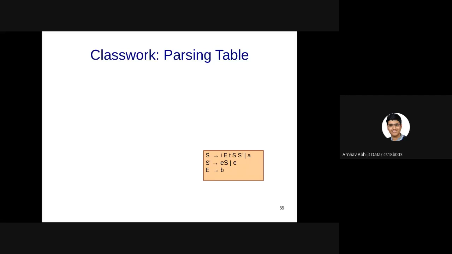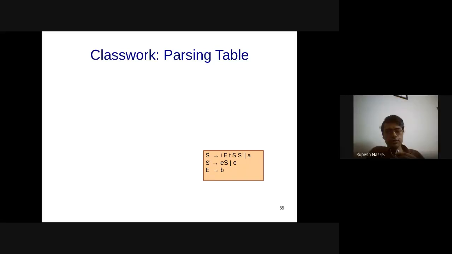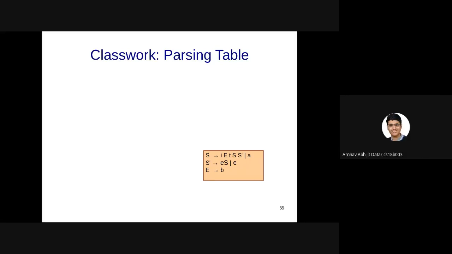Okay, sir, I think I can try. Yeah, go ahead. So basically S has a production which goes to IET S dash. And in that S you can again produce I, E, T, S, S dash.